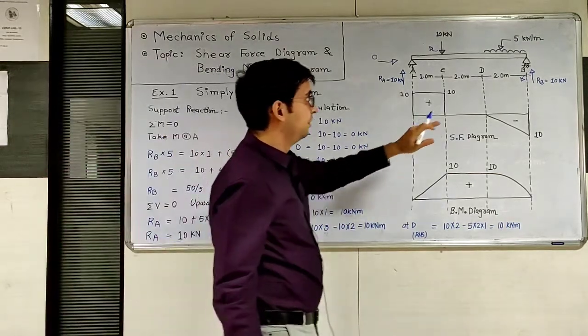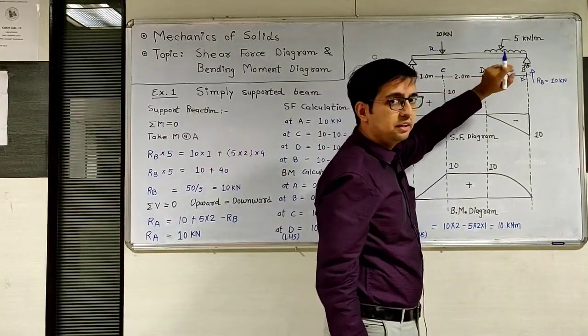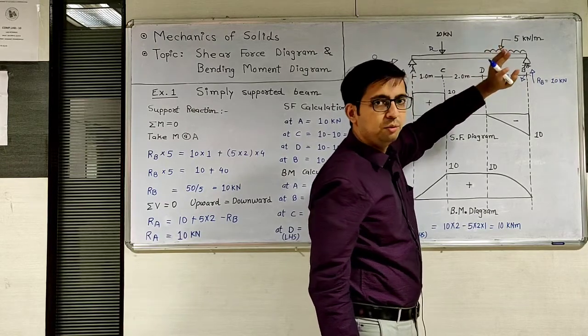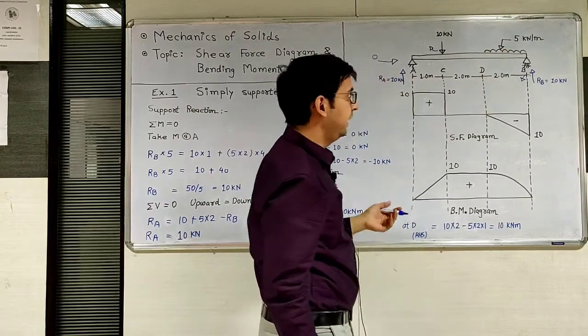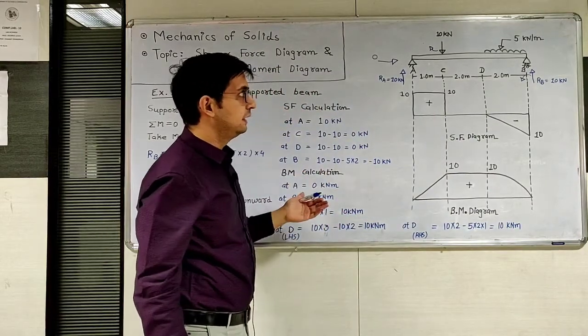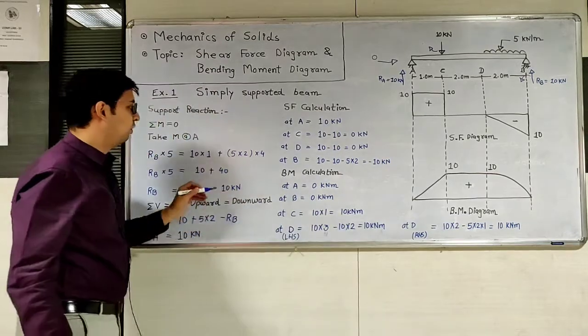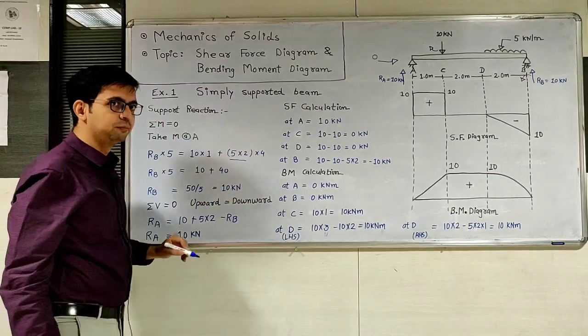Now next, a uniformly distributed load is given. First of all, you have to convert this UDL into a point load. For that, multiply the UDL intensity with the span of the UDL, so 5 into 2.